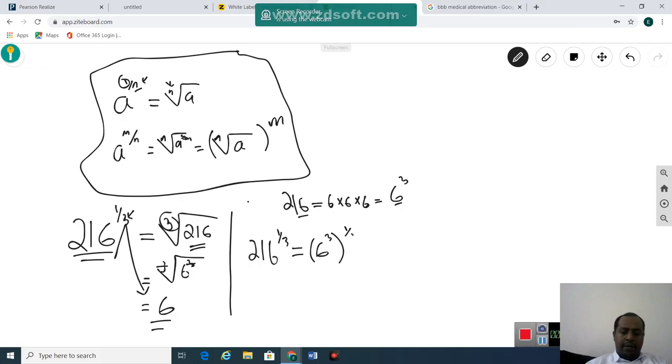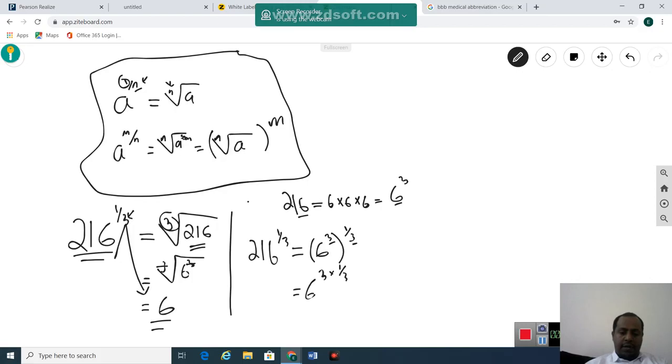Then I will apply my previous knowledge of exponents, the rule of the exponent. Here the power of a power can be written as a product of the exponents. Therefore, 6 to the power of 3, to the power of 1 over 3 is the same as 6 to the power of 3 times 1 over 3.